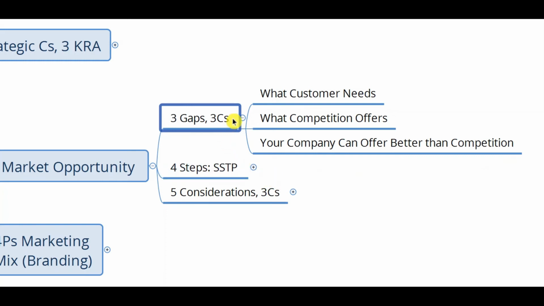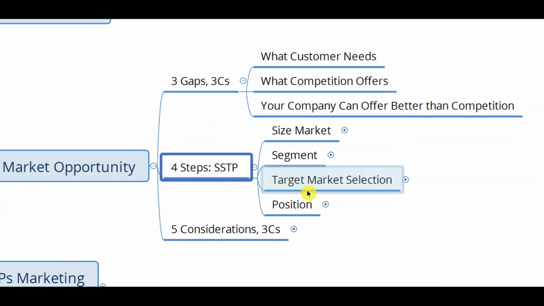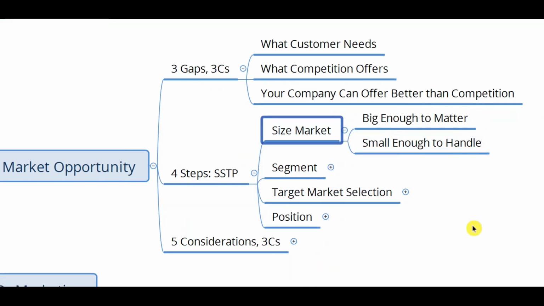Now, what are the four steps in addressing a market opportunity? And we have a code that helps us remember this. It's SSTP. The four steps are first, size the market, segment, select your primary target market, and then position. When you size the market, you want to make sure that it's big enough to matter and small enough to handle.